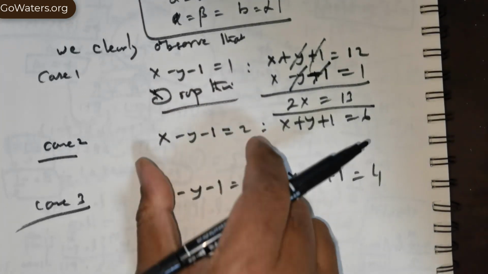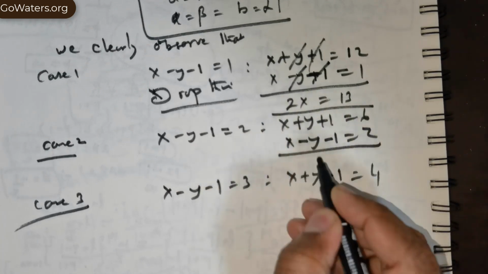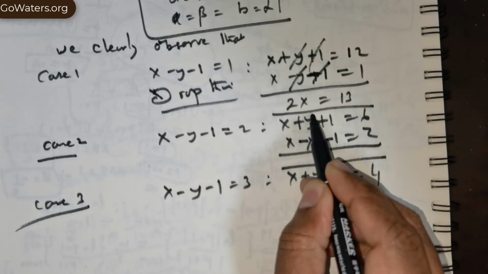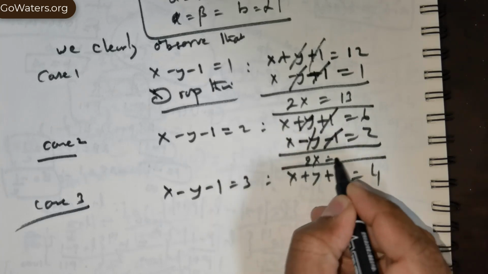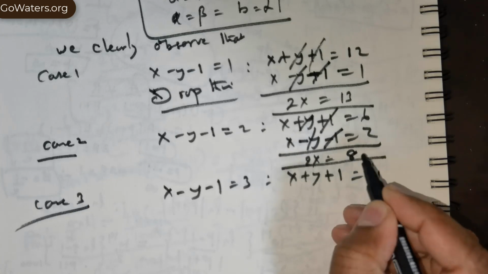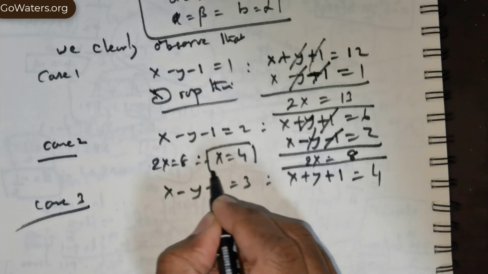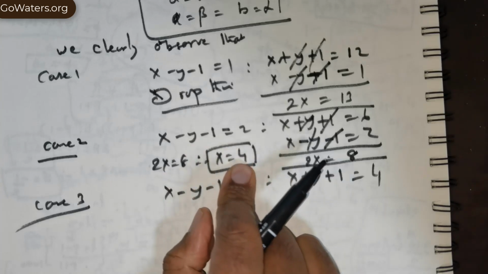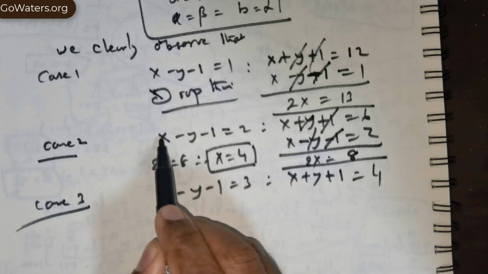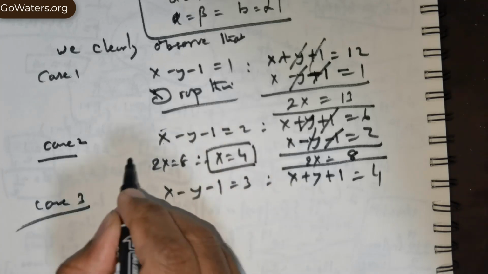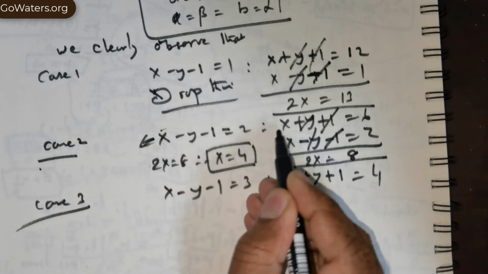Now take case 2 and substitute it here: x − y − 1 = 2 and x + y + 1 = 6. You add these, the −y and +y cancel, and −1 and +1 cancel. You get 2x = 8, therefore x = 4. So when x is equal to 4, if you substitute it here, you move that 4 to the other side.